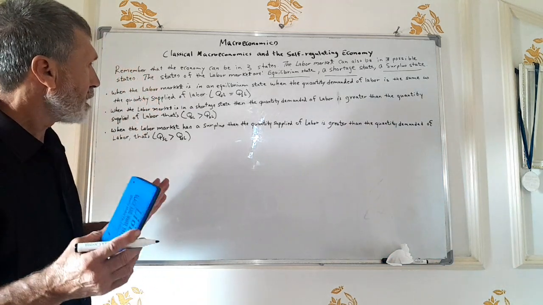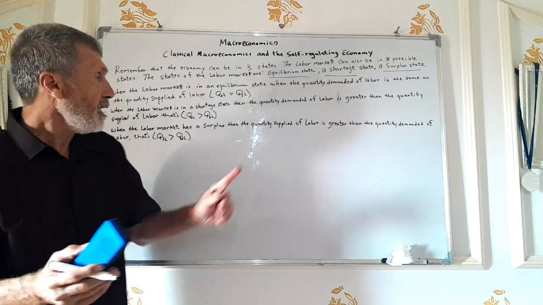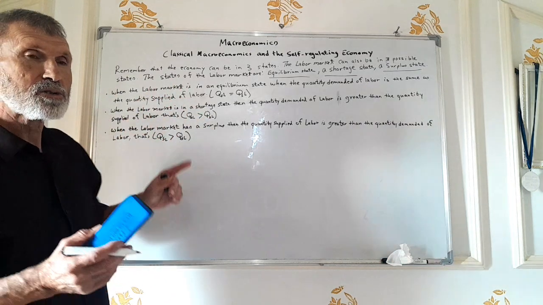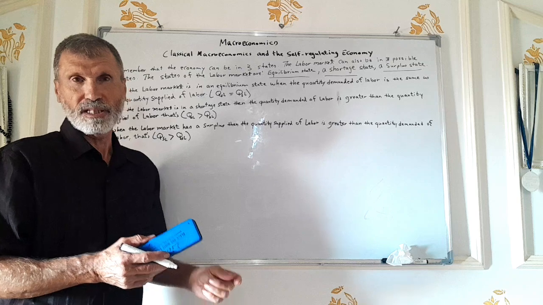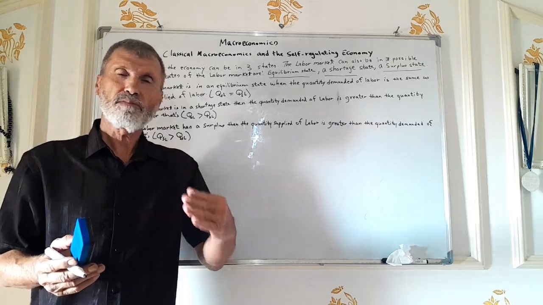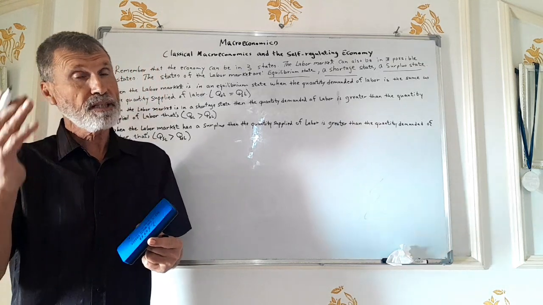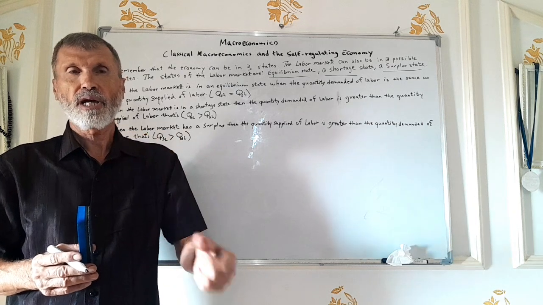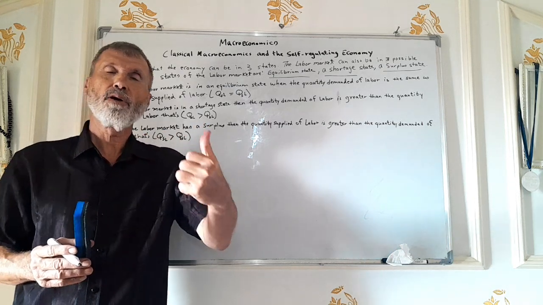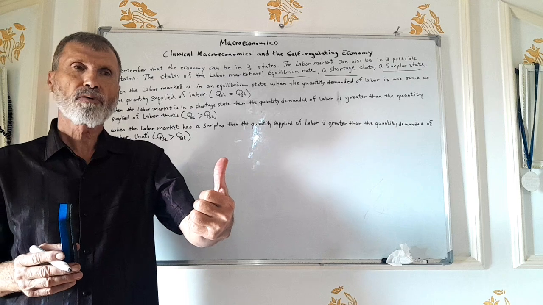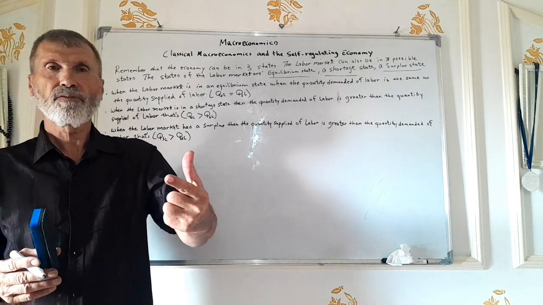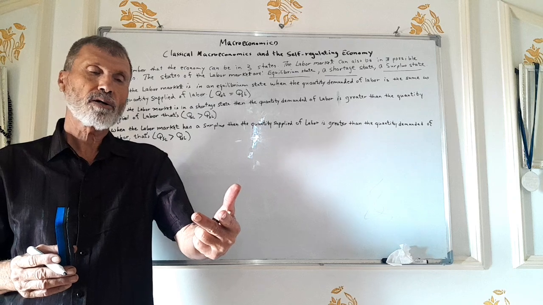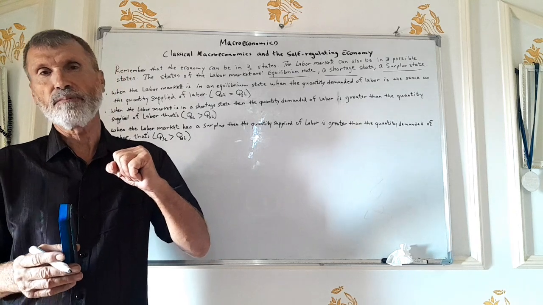Okay, now, as I said, we're going to tie each possible state of the labor market to a state of the economy. Remember, we identified three states of the economy. We have long-run equilibrium, a recessionary gap state, and an inflationary gap state.